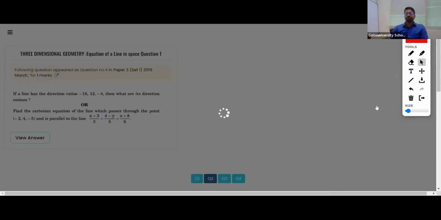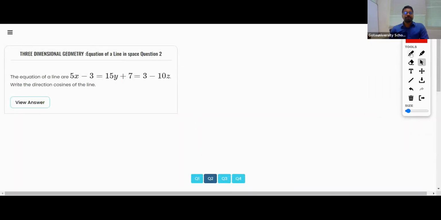Question number 2. The equation of a line are 5x minus 3 is equal to 15y plus 7 is equal to 3 minus 10z. Okay, so what are the direction cosines? If you want direction cosines, first let's rearrange them.